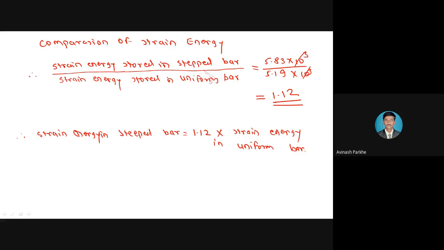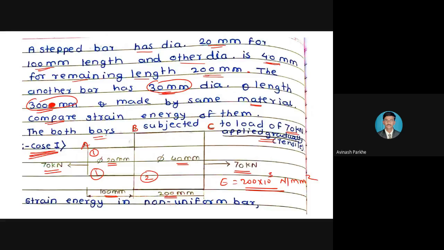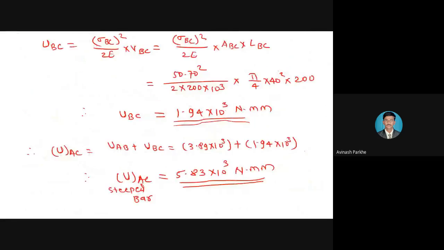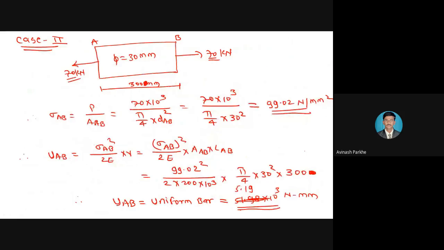If you compare the figures, the stepped bar has length 100 plus 200, so the total length is 300 mm. The stepped bar is subjected to the external load of 70 kilonewton, applied gradually. Their material is also the same. The uniform bar also has length 300 mm, is subjected to the external load 70 kilonewton, also applied gradually, and is made of the same material.